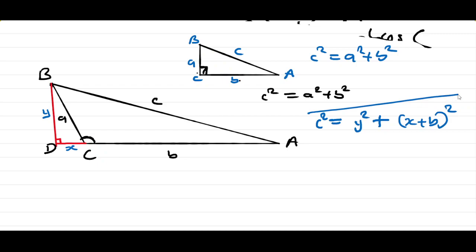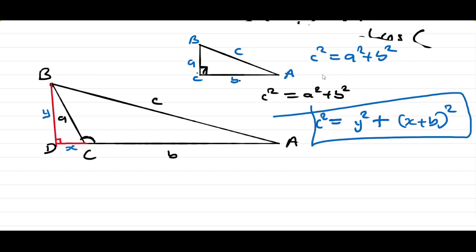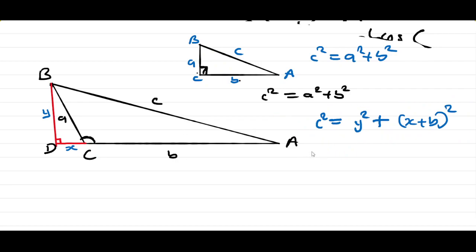Now what we just did here is just similar to what we have above, where we have C squared is A squared plus B squared. Same thing as C squared is Y squared plus X plus B squared, because this length here is X plus B and this part is Y. So when we expand this formula, C squared will be Y squared plus X squared plus 2bx plus B squared.